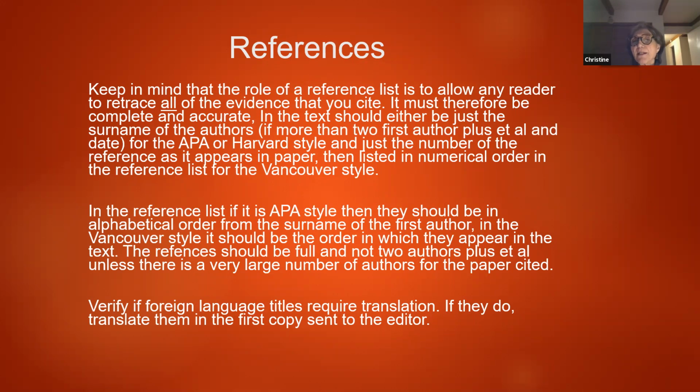I think in APA it's 7 or more, but I'm not absolutely certain of that. Verify if foreign language titles require translation. If they do, translate them in the first copy sent to the editor. All right, next slide, please.